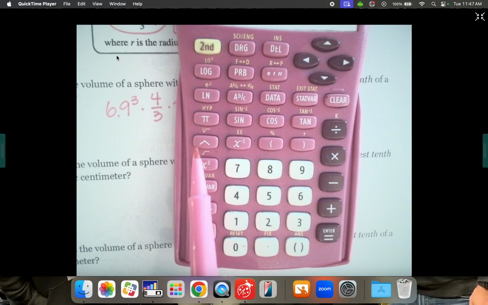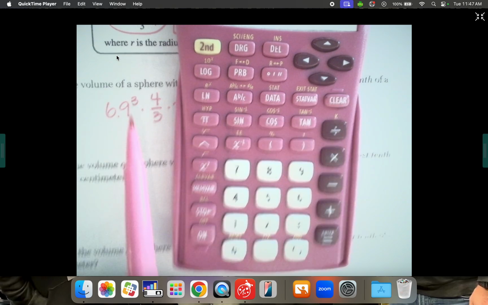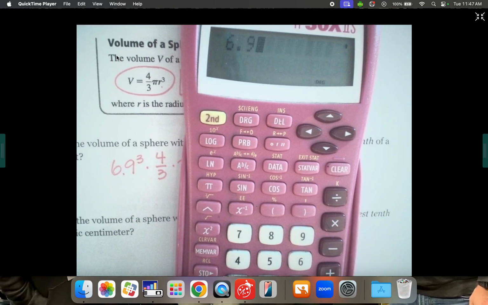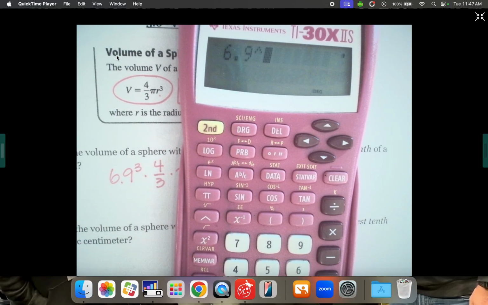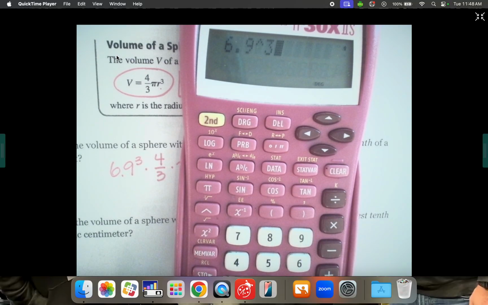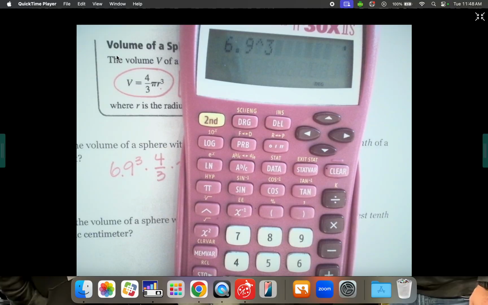It can be to the power of 2 if you don't want to use the x squared button, or to the power of 3 or to the power of 4, or whatever you need the exponent to be. And we need the exponent to be a 3. So I've got 6.9. I'm going to push this little caret key button. That means to the power of, and I need it to be 3. Or if you want, you could always push 6.9 times 6.9 times 6.9. Cubed means the same number is multiplied by itself 3 times.